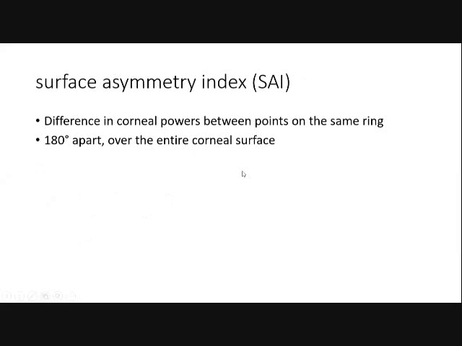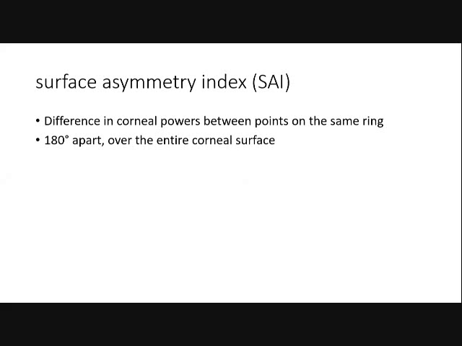Okay, so these are the different indices. One is surface asymmetry index. This is the difference in the corneal powers between points on the same ring 180 degrees apart over the entire corneal surface. So on one cornea, on the opposite sides, the power is compared.